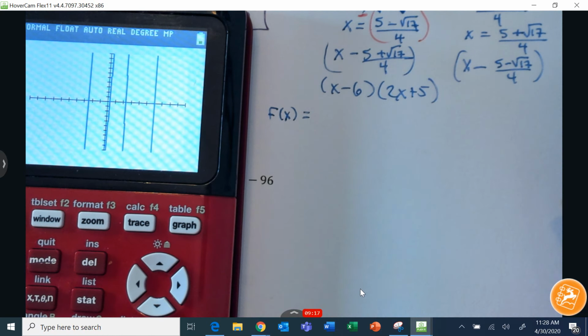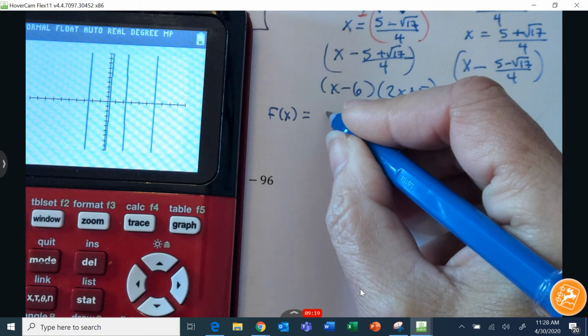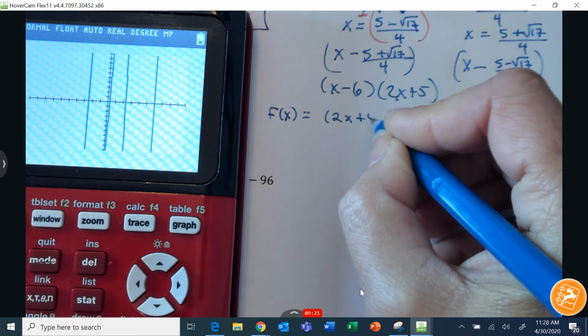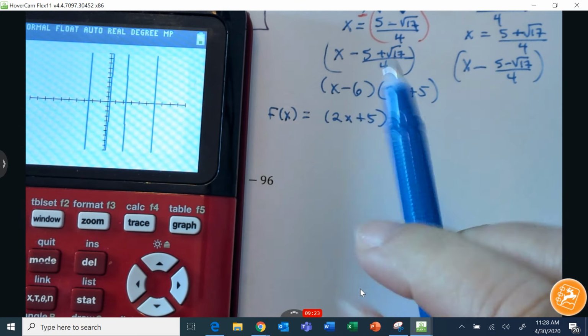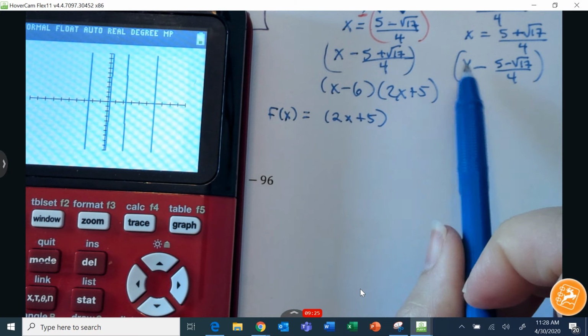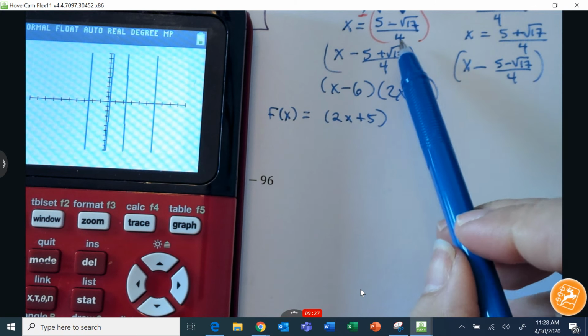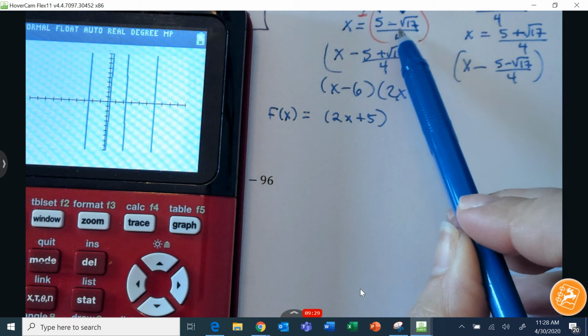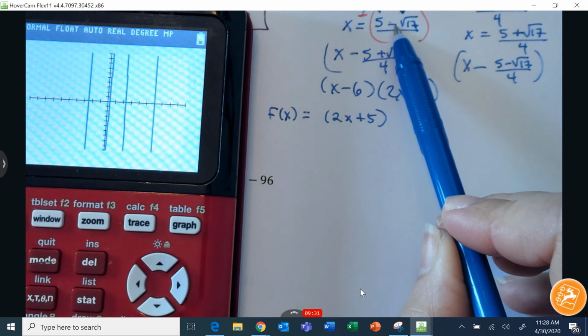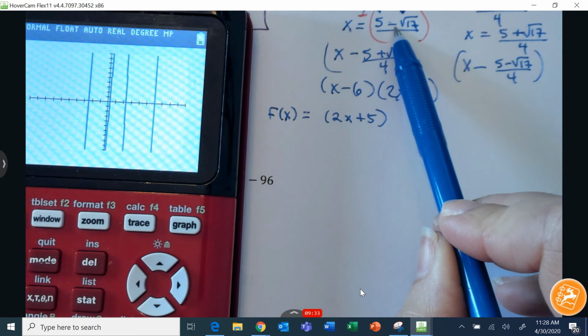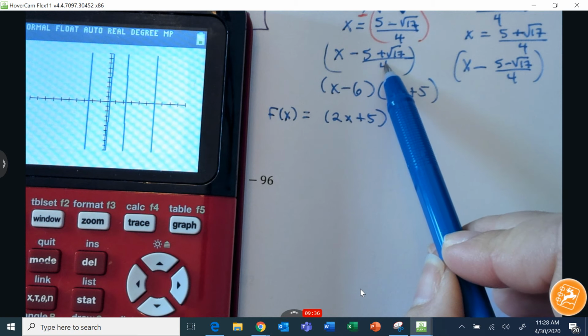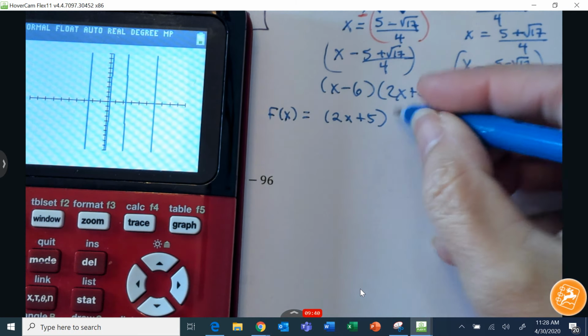So f of x equals, I'll have my 2x plus 5 first, and then one of these. If I look before I made them into factors, the one that has subtraction is going to be the smaller one. So this factor right underneath it is going to be the next one.